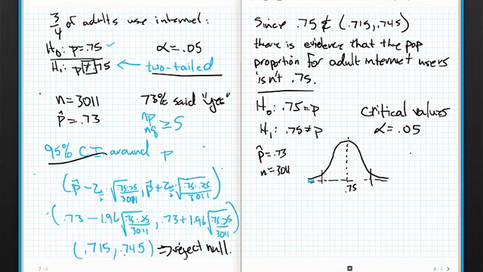If after I take a value, a test statistic, and I'll show you the test statistic here in a sec, if my test statistic that I take ends up too far, if it ends up in this, this is called the critical region, as is this, same thing, I'll call this the CR, or the critical region, then that means that 0.73 was too far away from 0.75, and it's not going to work.